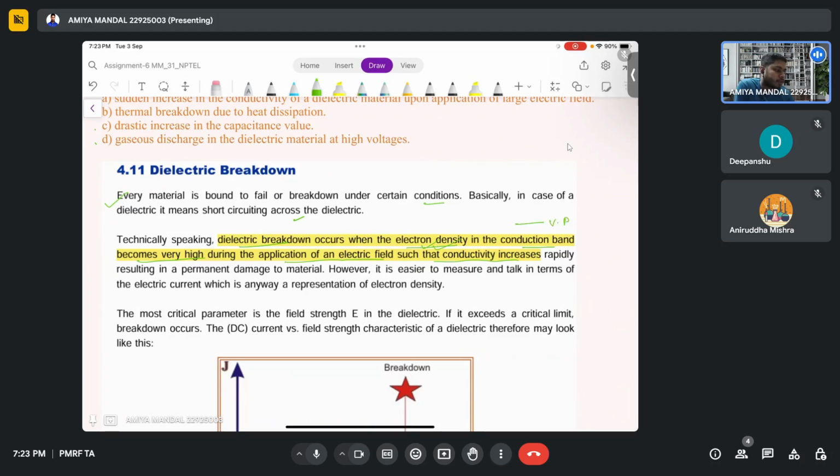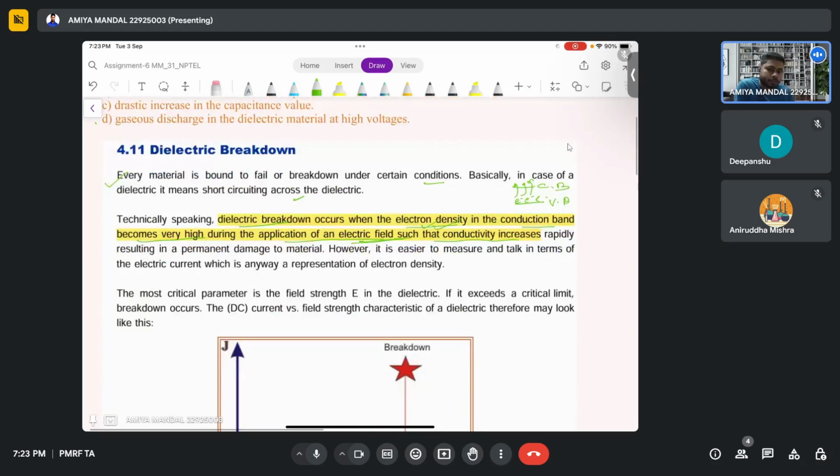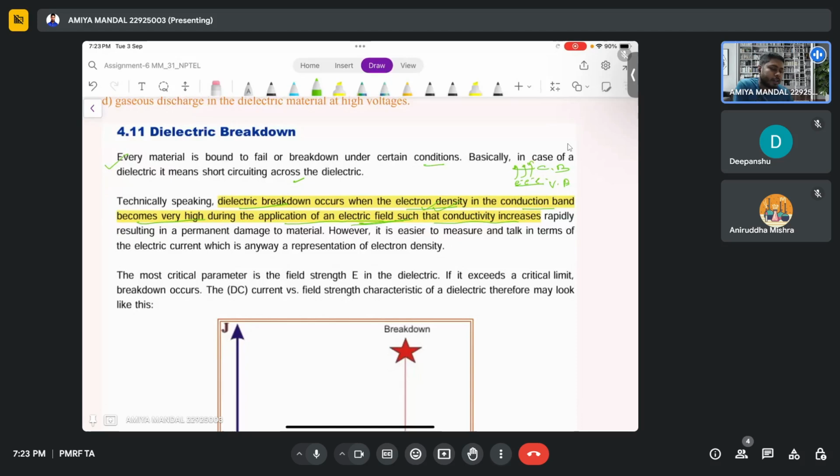This is the valence band, and this is the conduction band, and electrons are present here. If electrons go from the valence band to the conduction band, electrical conductivity is generated. This happens rapidly, resulting in permanent damage to the material.